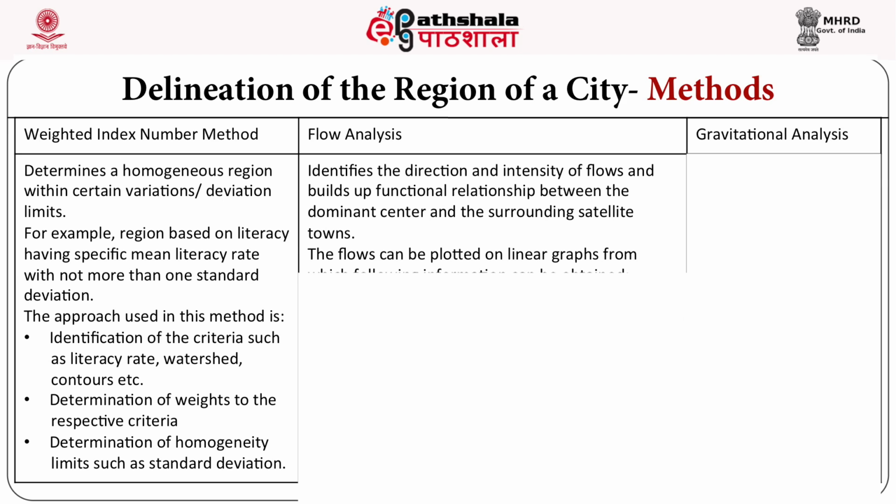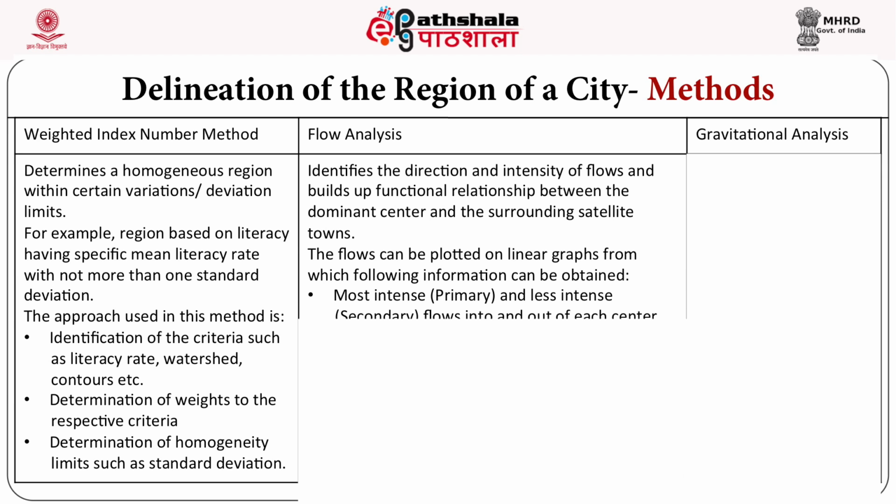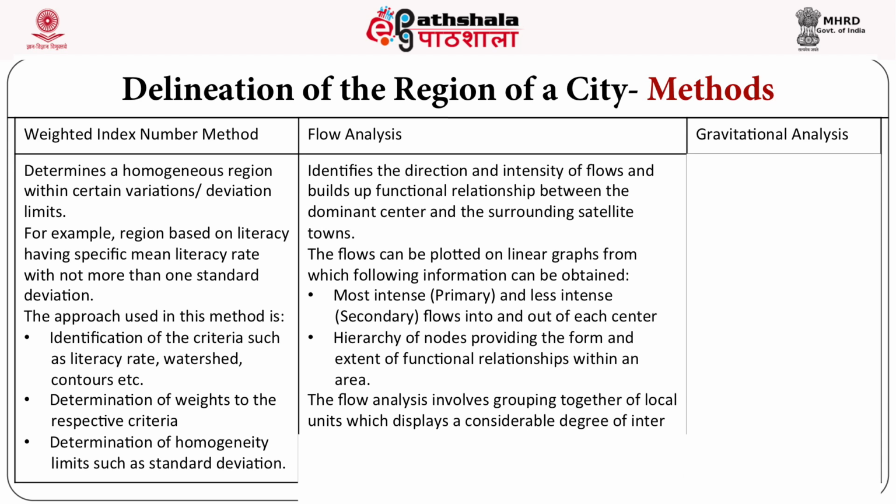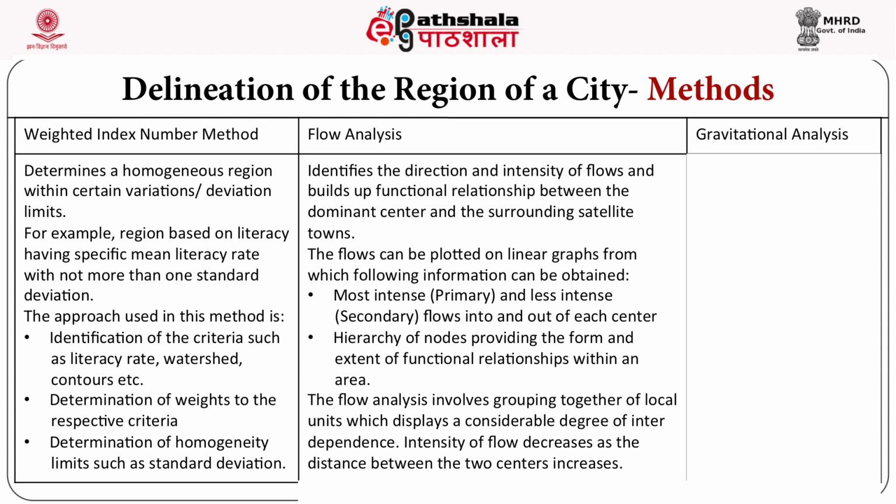So one can find out the flows, or the connections, or the interdependence between these centers. And it also varies with the distance. When the distance between centers increases, maybe the intensity of flows also increases. So this is basically about flow analysis.